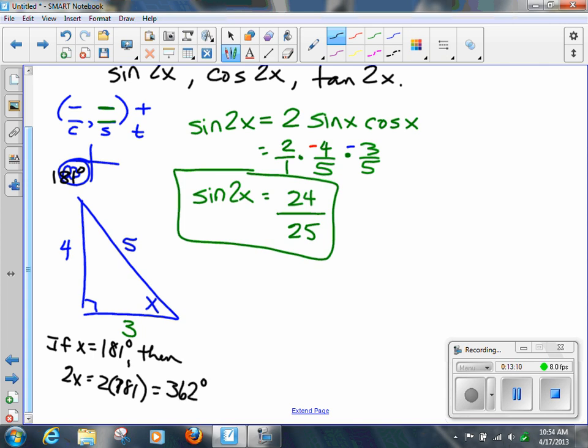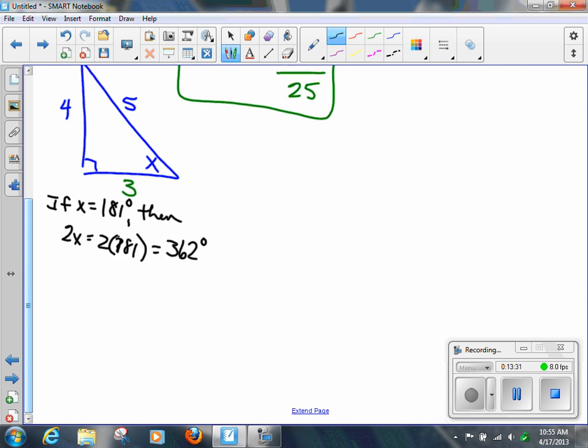Where does the 362 degree angle fall? Back in the first quadrant. So its sine, cosine, and tangent are all going to be what? Positive, positive, positive, aren't they? Think of it that way. That's how we're getting these. And look, 362 degrees is in the first quadrant.